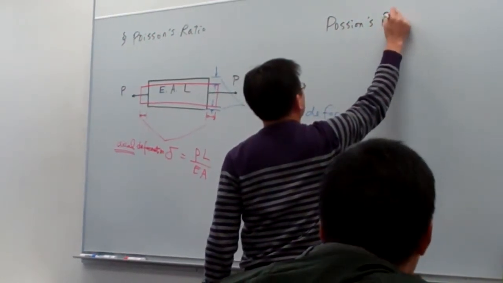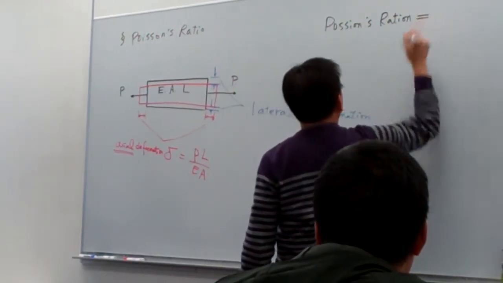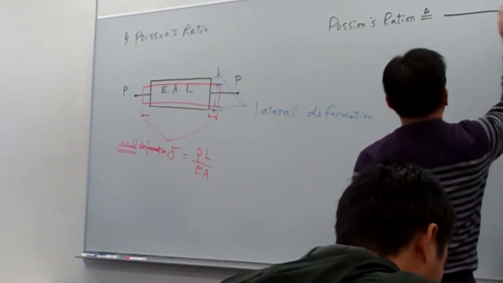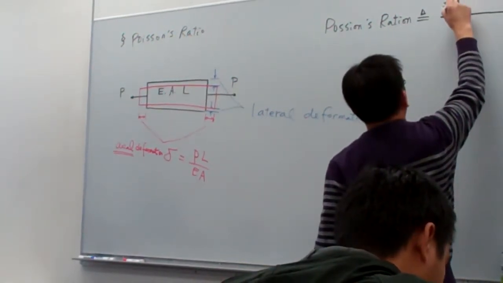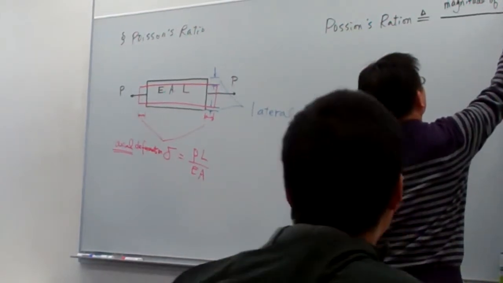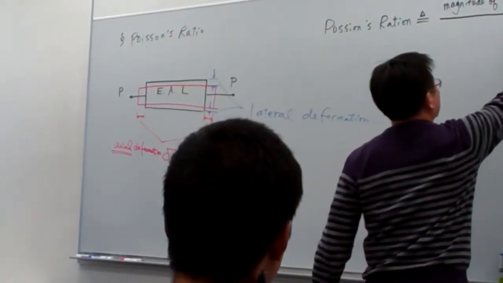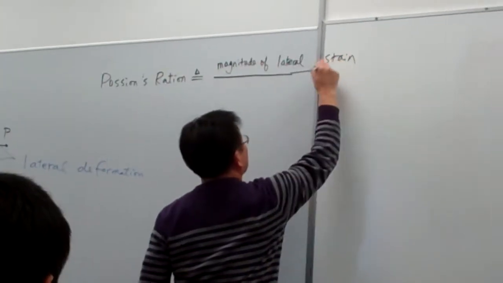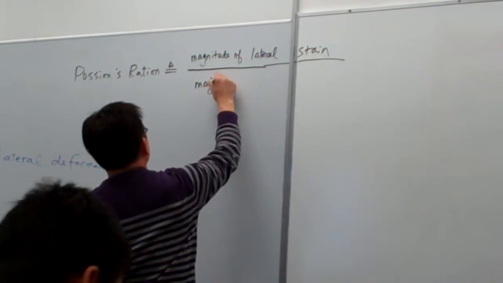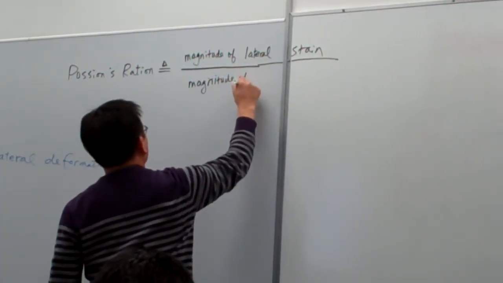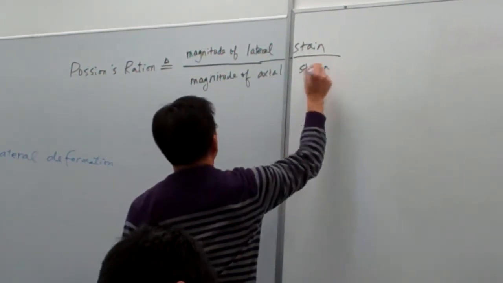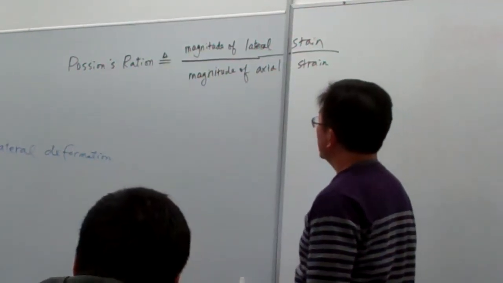Poisson ratio is equal to, by definition, the magnitude of the lateral strain divided by the magnitude of the axial strain.